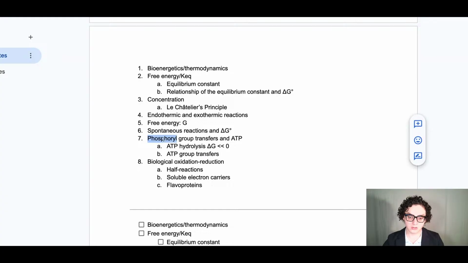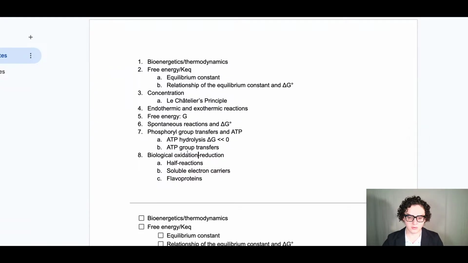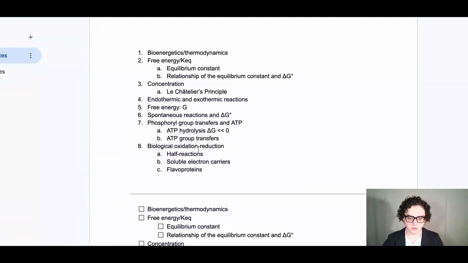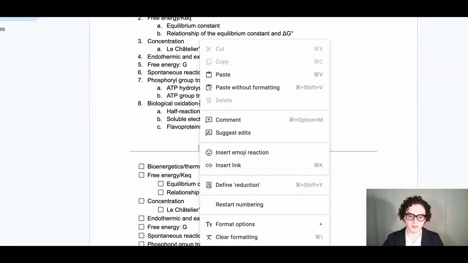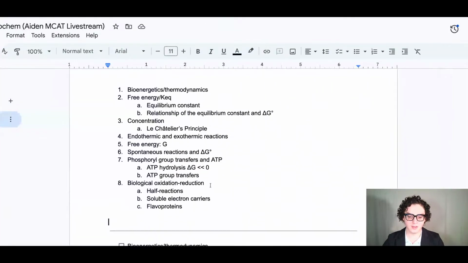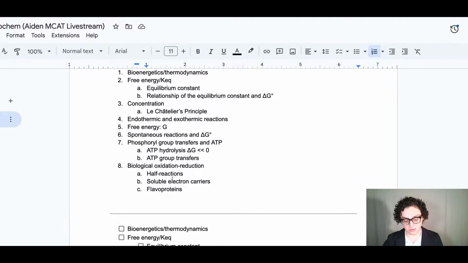Phosphoryl group transfers and ATP, or adenosine triphosphate, which contains ATP hydrolysis, for which the change in Gibbs free energy is much less than 0, and ATP group transfers, so transfers of ATP groups from one to another. And then the final topic that I'm going to cover today is biological oxidation reduction. So this includes half reactions, soluble electron carriers, and flavoproteins.